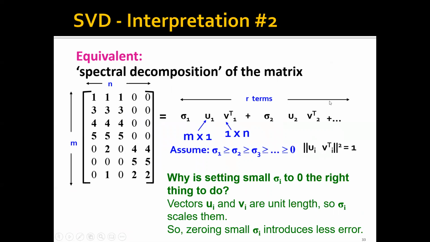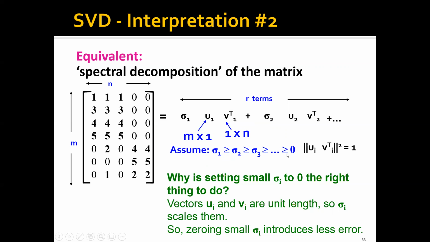And remember that all these sigma, the singular values, are already sorted. So sigma 1 is greater than or equal to sigma 2, which is greater than or equal to sigma 3, and so on.